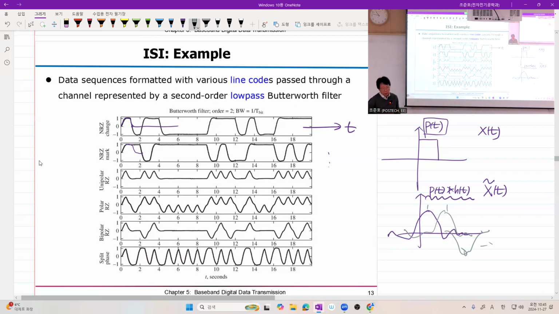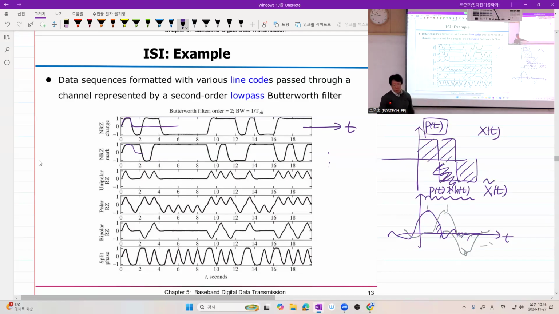Vaguely speaking, here these pulses do not overlap, but here they overlap. So in this way, you may interpret intersymbol interference as what? Before, the pulses didn't overlap. Now, the signal passes through a channel, especially a band-limited one, and they overlap and interfere with each other. That is the simplest, but not precise, definition or feeling of intersymbol interference.